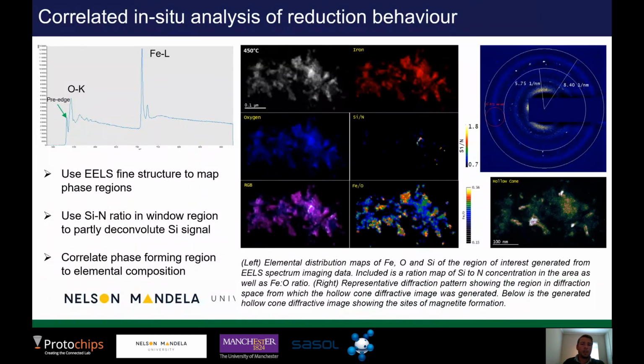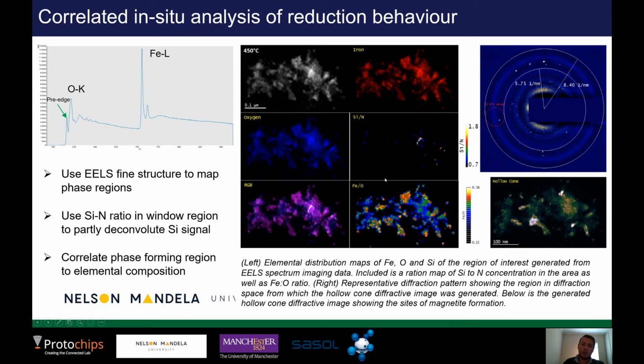What you can then do is, here is a hollow cone image of that very same area after 450 degrees reduction, where you can see the phase forming regions for magnetite. Over here, the bright regions are the areas that are very well crystalline in magnetite crystal structure.